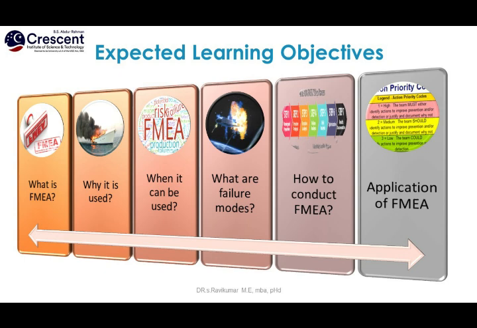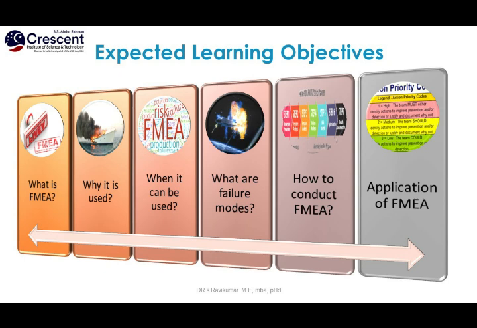Then it moved to the US Navy, and it was developed as military standard 1629 in 1974. After that, it slowly sneaked into the industry because of its effectiveness and efficacy, in the earlier stages by the automobile industry, and after that into all industries. That is how this FMEA came into effect.